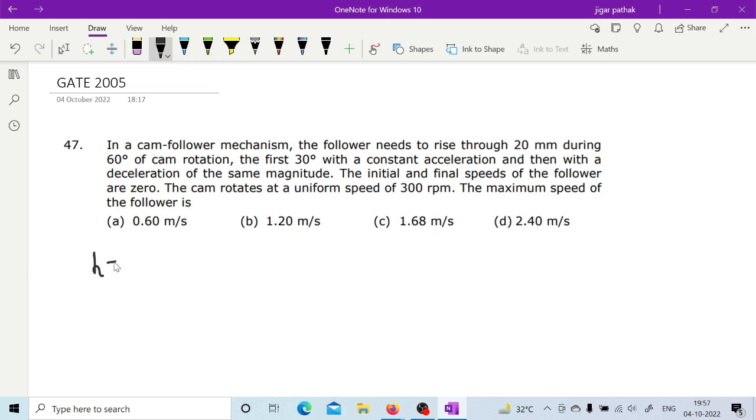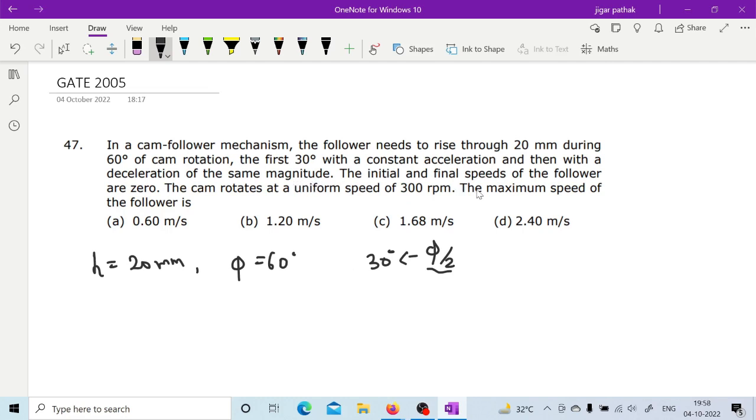So this h is given as 20 mm, right, during the 60 degree of rotation of cam. The first 30 degree with constant acceleration, as we know phi by 2 is there, right, in case of constant acceleration and deceleration. So this phi by 2 is 30, right, the first 30 degree with a constant acceleration and then with a deceleration of the same magnitude.